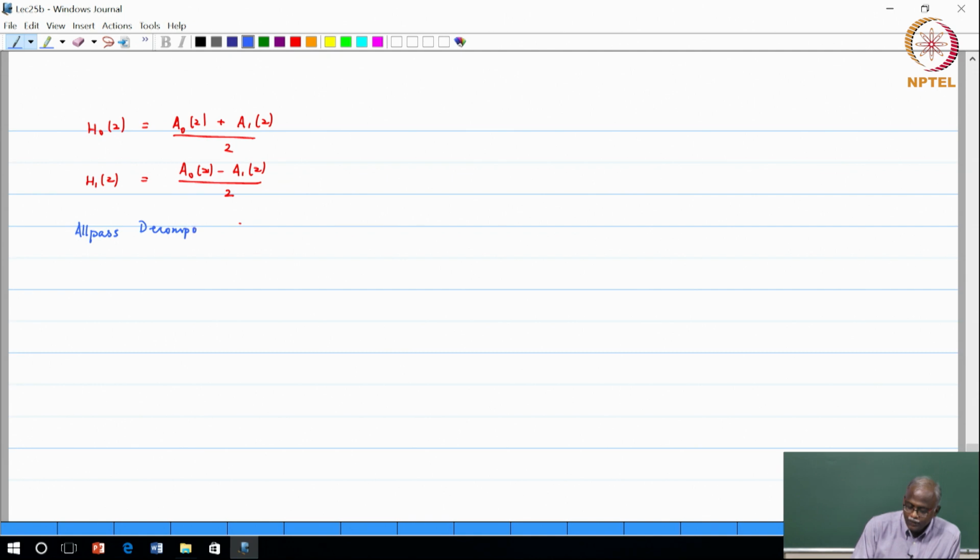When can we write two transfer functions that are power complementary and will satisfy this all pass decomposition theorem? This result has been derived in the book by P.P. Vaidyanathan, chapter 5. I will use the result without proof, but there is enough justification for what we are going to implement.